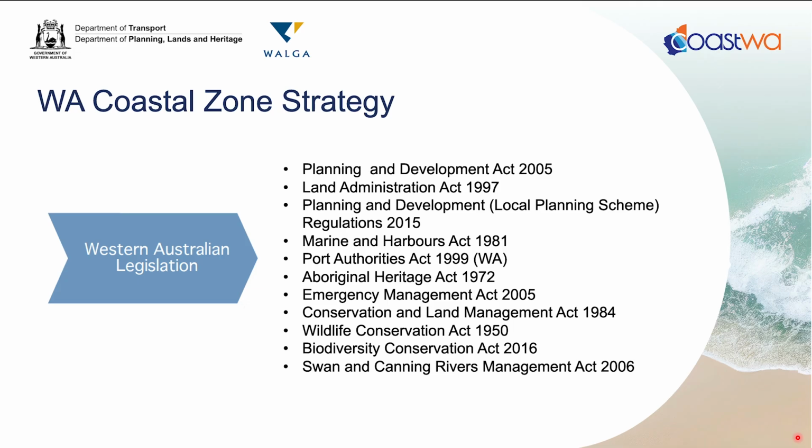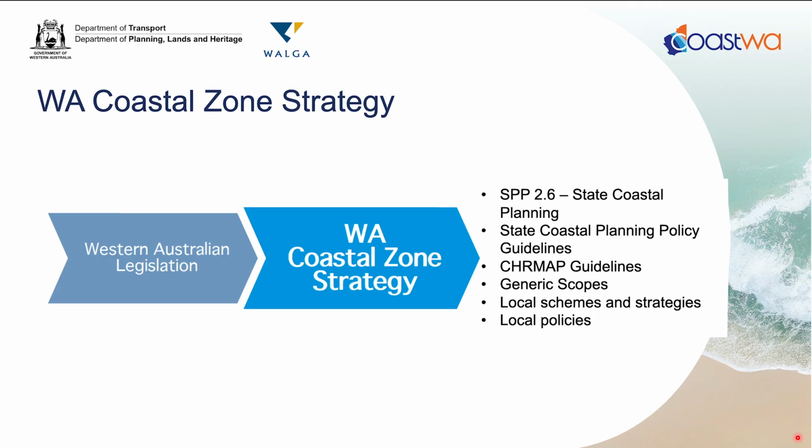And so these elements are interdependent. And the WA Coastal Zone Strategy then gives rise to the legislation that sits under State Planning Policy 2.6, State Coastal Planning, State Coastal Planning Policy Guidelines, the CHRMAP Guidelines, generic scopes, and then is the overarching document that guides any amendments we might make to local schemes and strategies and local policies.